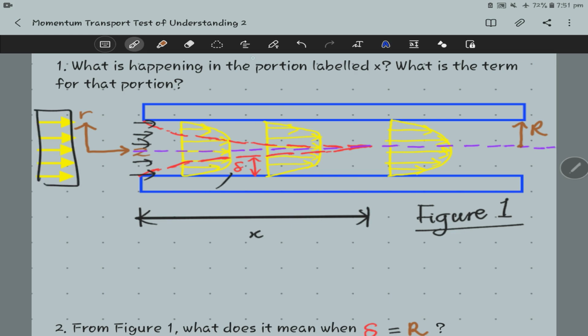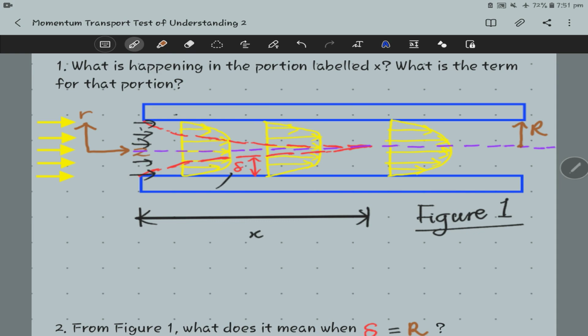Because there's a boundary at this side, or a solid at this side, the layer of the fluid here interacts with the solid, and because they are attached, there'll be some sort of friction. Because of that, in fluid mechanics we say we have a no-slip effect, right?